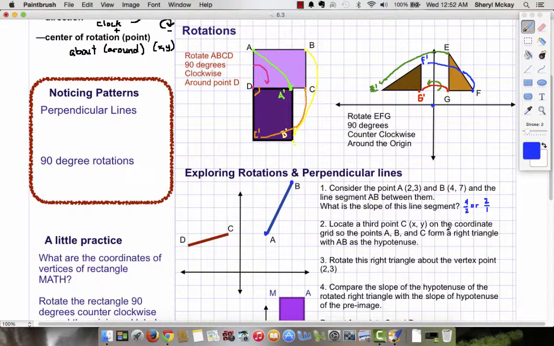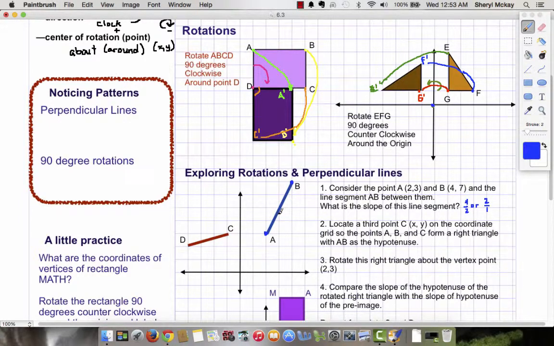Everyone see that? Okay, so now the next thing it tells us to do is to locate a third point that we're going to call C at some place x, y on this grid so that when we connect points A, B, and C, we're going to form a right triangle, and AB is going to be our hypotenuse.